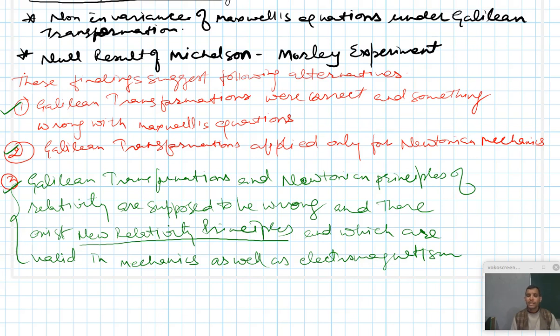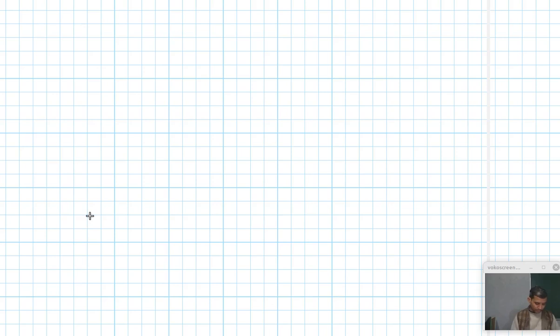So that means people started thinking in terms of new transformation equations or new principles, which may be valid in both mechanics as well as electromagnetism, right? So that means two possible approaches are there to answer these things.